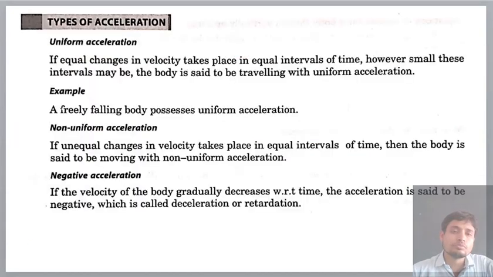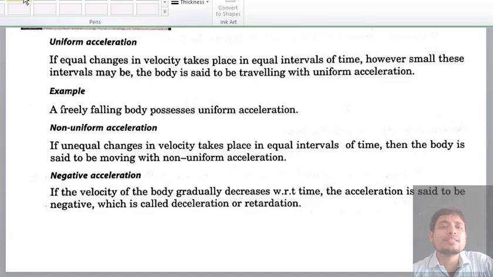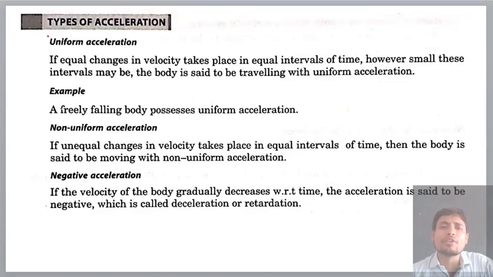Okay. Now, types of acceleration. Uniform acceleration: if an equal change in the velocity takes place in equal intervals of time, then the acceleration is said to be uniform acceleration.